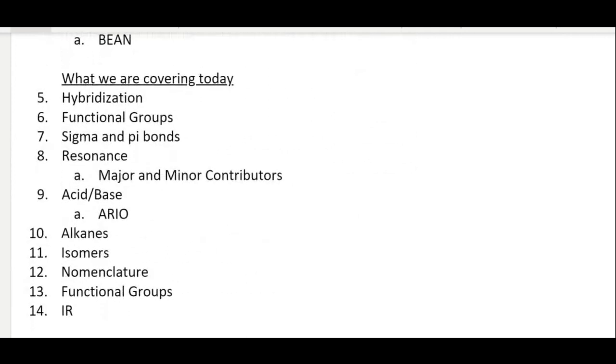So this week we will be completing all the topics we haven't gone through yet, such as hybridization, functional groups, sigma and pi bonds, resonance. We'll talk about what a major and a minor contributor are. We'll talk about acidity and basicity, and another acronym that's helpful to know, which is ARIO.